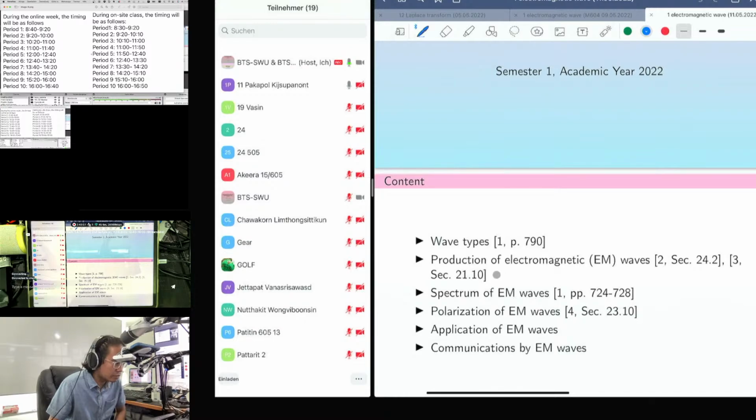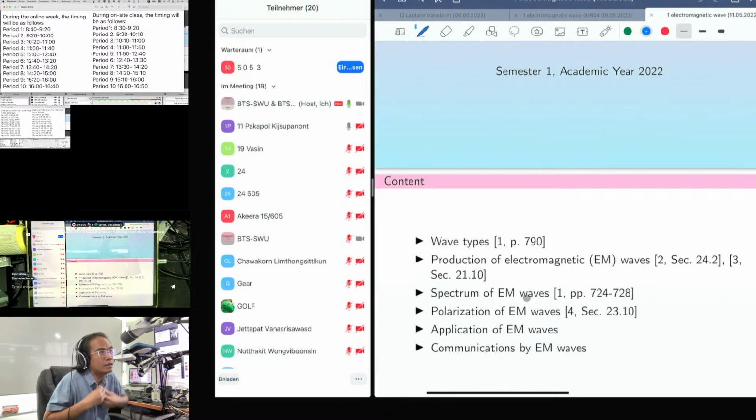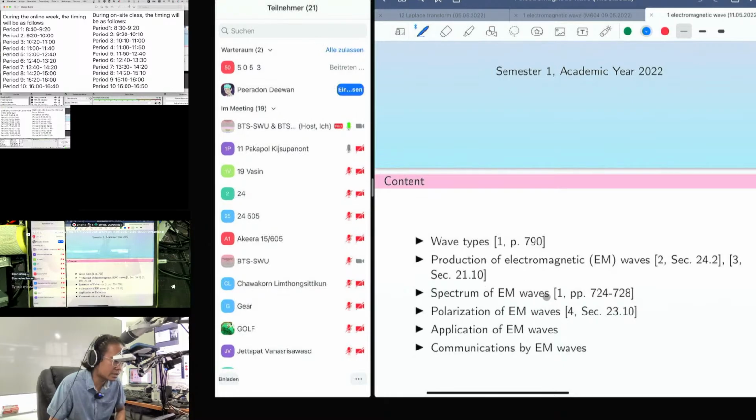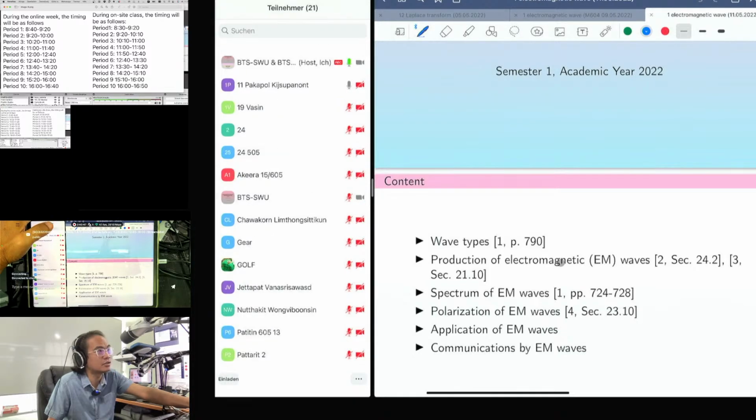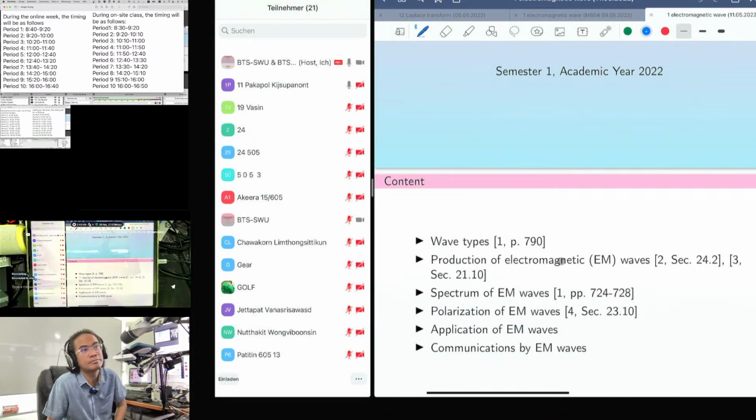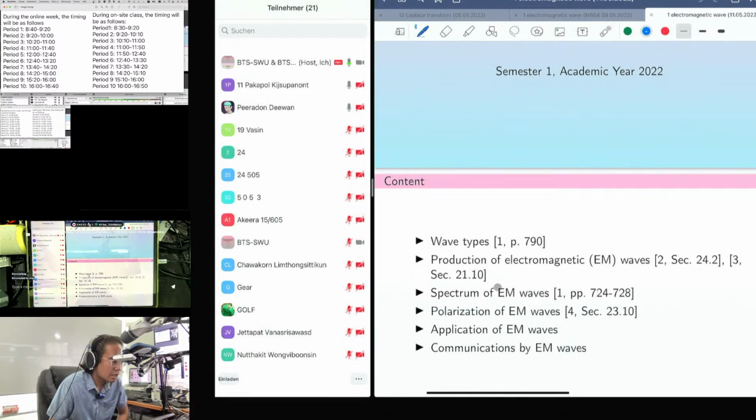You need to know the formula c equal to lambda f, and each frequency band has its own lambda, because they have the same speed, which is 3 times 10 to the 8, the speed of light, right?